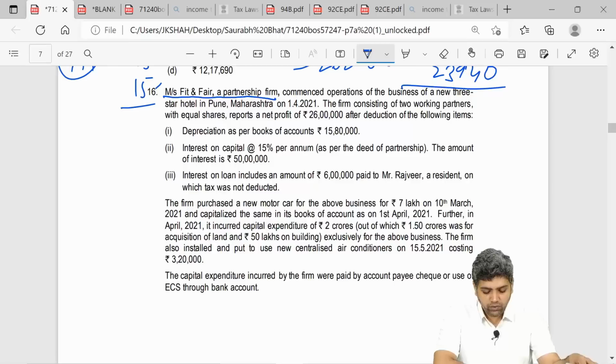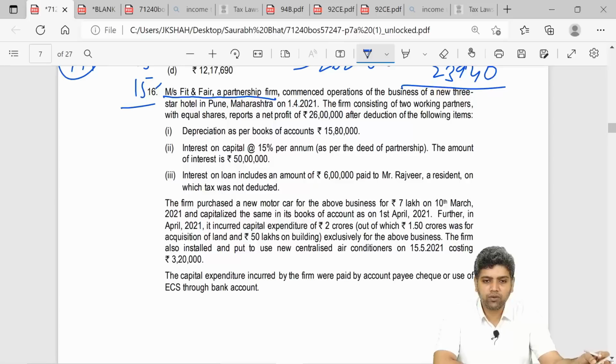Interest on loan includes an amount of 6 lakhs paid to Rajveer, a resident, on which tax was not deducted at source. The firm purchased a new motor car for the above business of 7 lakh rupees on 10th March 2021 and capitalized the same in its books of accounts on 1st April 2021.